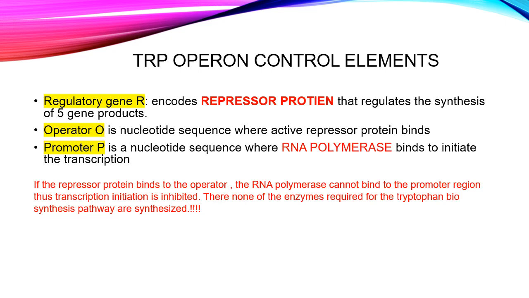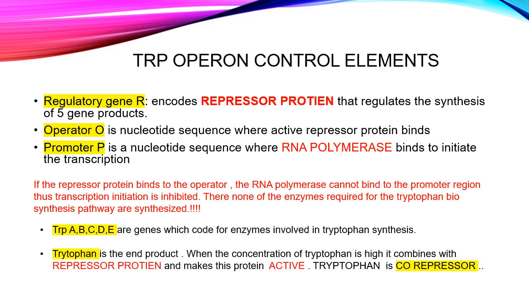Therefore, the transcription gets inhibited. And none of the enzymes required for the tryptophan biosynthesis pathway are synthesized. The enzymes cannot be synthesized. The five structural genes cannot work.